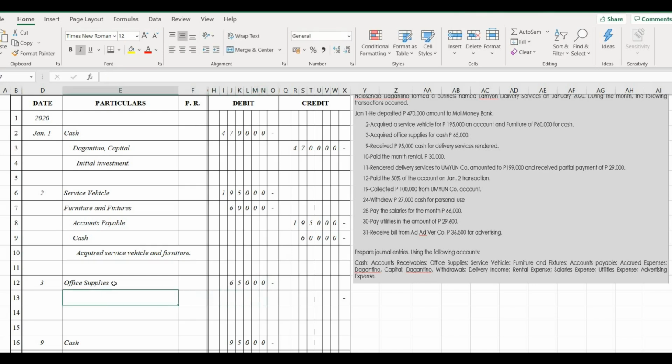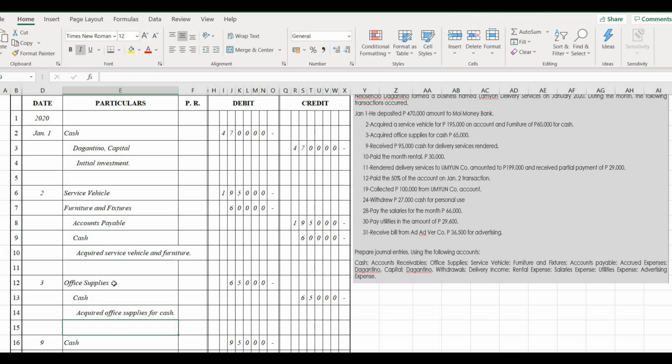And then, yung credit natin is cash. So, the amount again is 65,000. So, this is acquired office supplies. Yan.